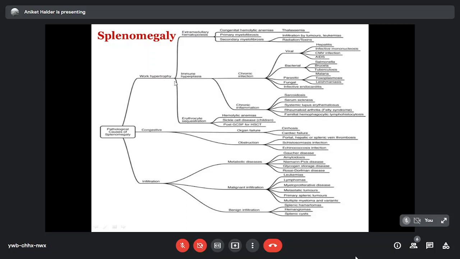And this work hypertrophy, that is the increase in the hypertrophy of the red pulp, it can be either due to erythrocyte sequestration, which can be seen in different types of hemolytic anemias. It can be seen in sickle cell disease. Usually in sickle cell disease we get an atrophic spleen, or there can be autosplenectomy.